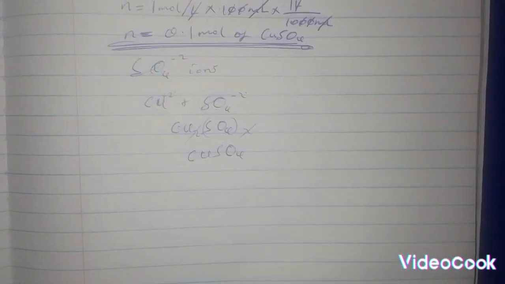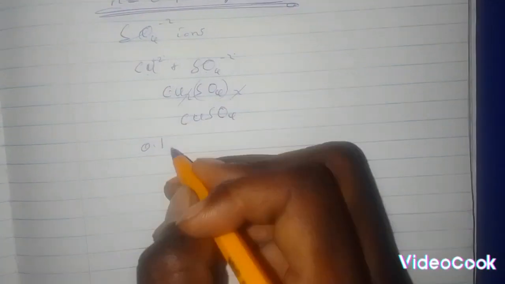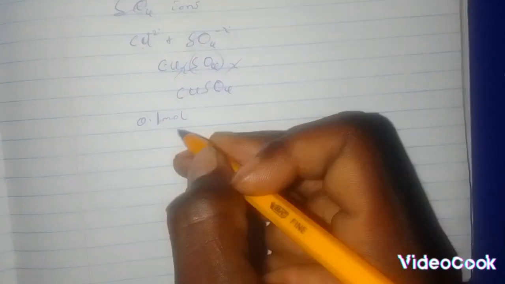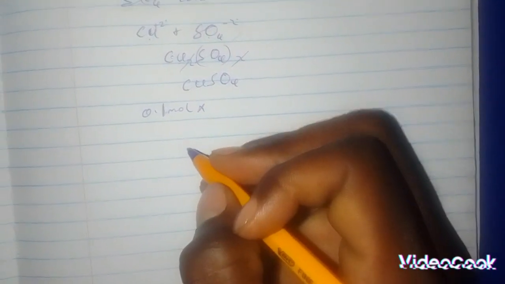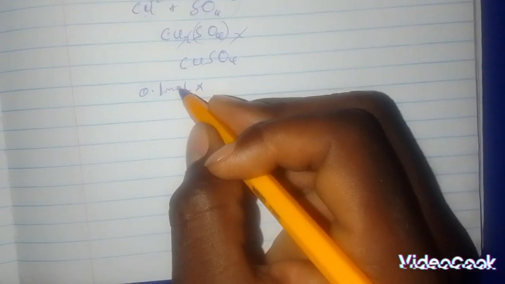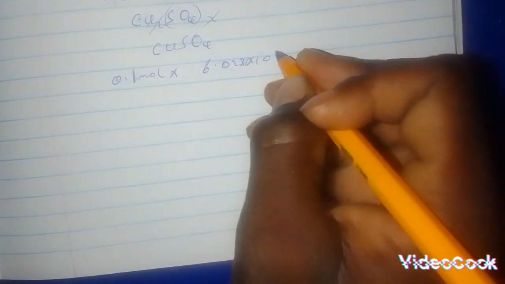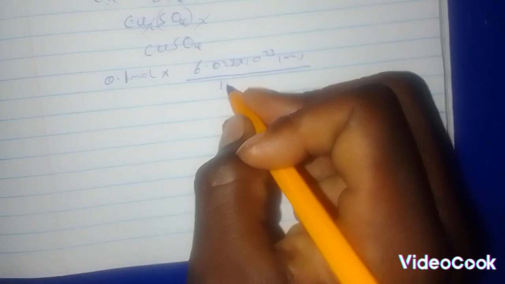Now, what are we going to do? Simple. Since we already know the number of moles as 0.1 moles, we convert this to the number of ions. We multiply this value by the conversion factor from moles to number of particles. Since we want to get rid of the number of moles, we say 6.023 times 10 to the power 23 ions over 1 mole.